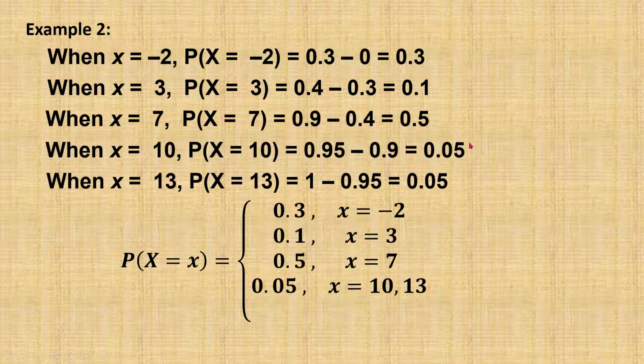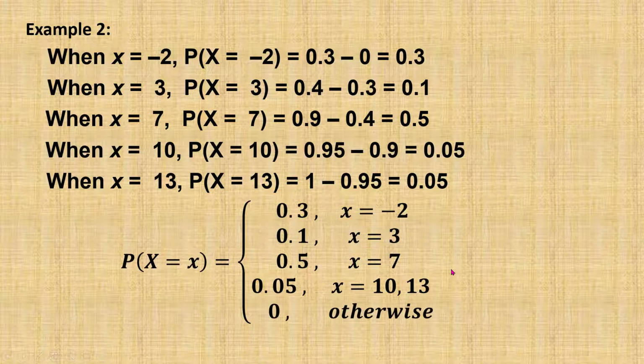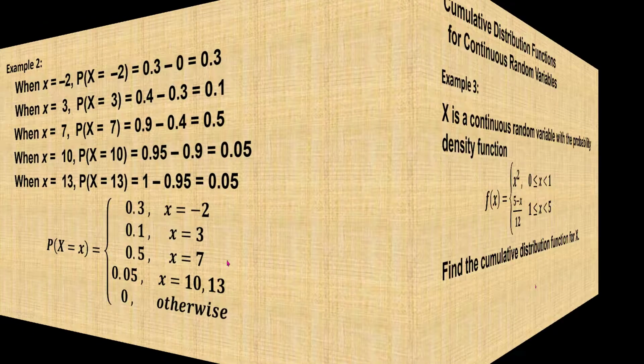Since the probability for x equals 10 and x equals 13 is the same, we are going to group them together in one row. And finally, for other values of x, the probability is equal to 0. So this is the probability distribution function for discrete random variable x.